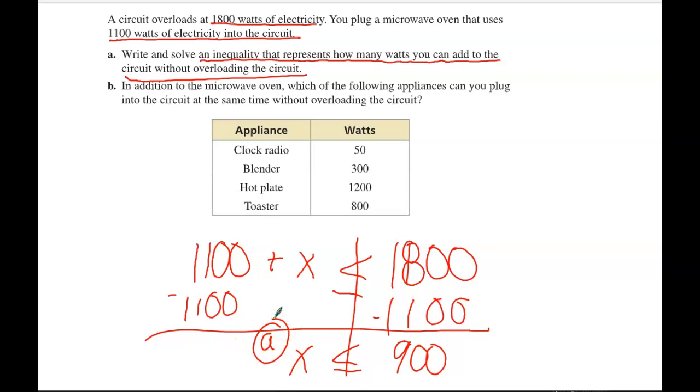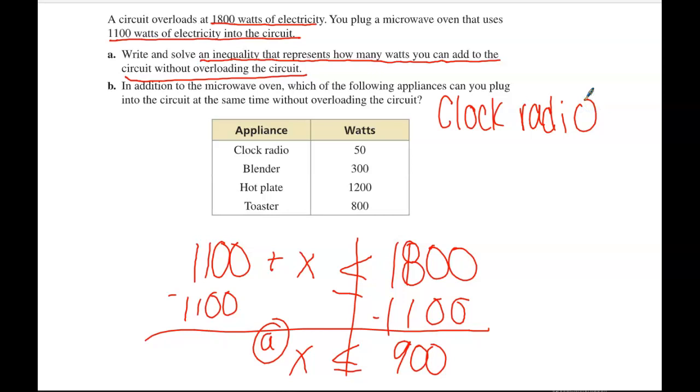In addition to the microwave oven, which of the following appliances can you plug into the circuit at the same time without overloading the circuit? Can I plug in a clock radio with our microwave and not overload the circuit? Yes. So we would say clock radio 50, because that is less than 900, right?